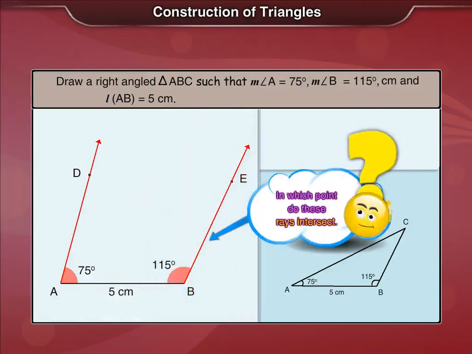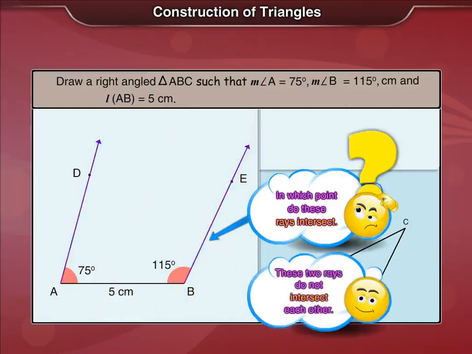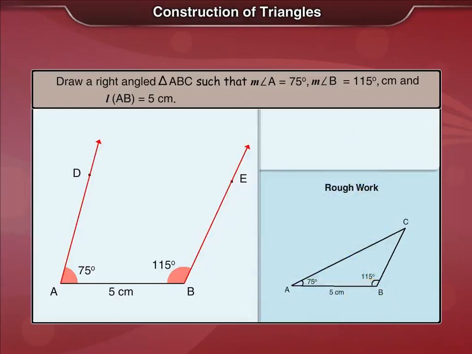Hence, this sum is greater than the third side measuring 2 cm. Now find the sum of the sides QR and PR. This sum is 2 plus 2, that is equal to 4. But this is equal to the third side, which is equal to 4 cm. Hence, we cannot construct triangle PQR.